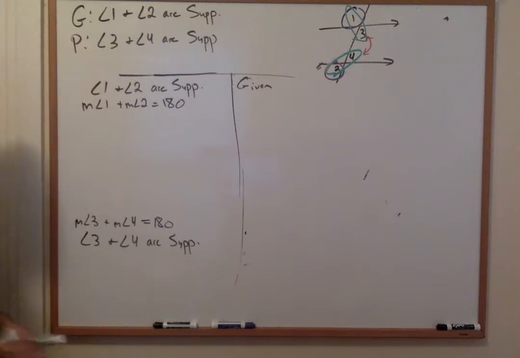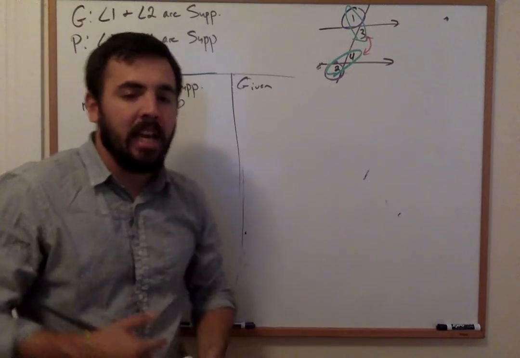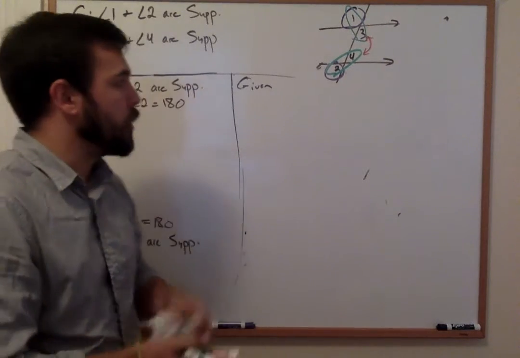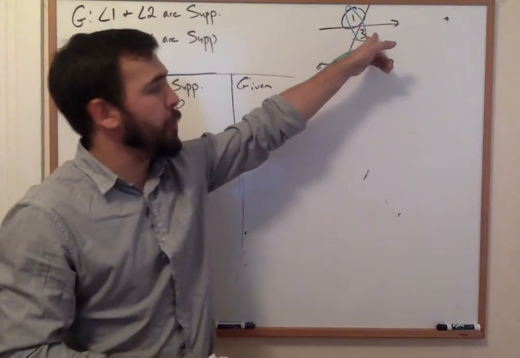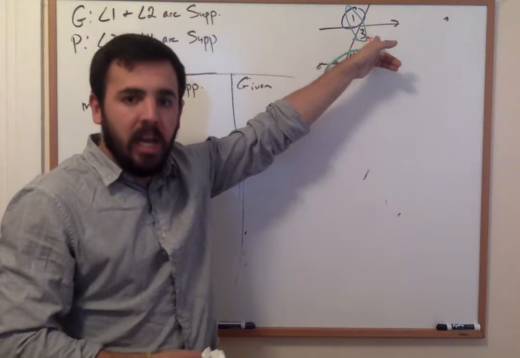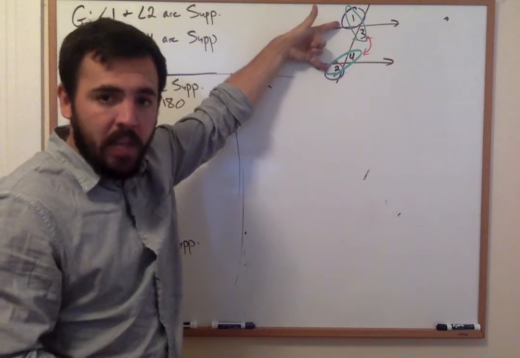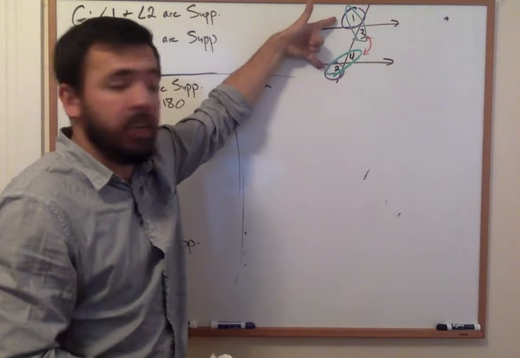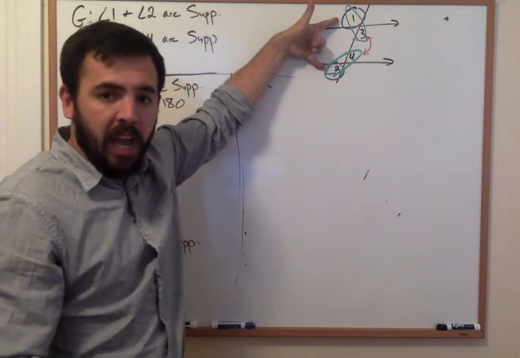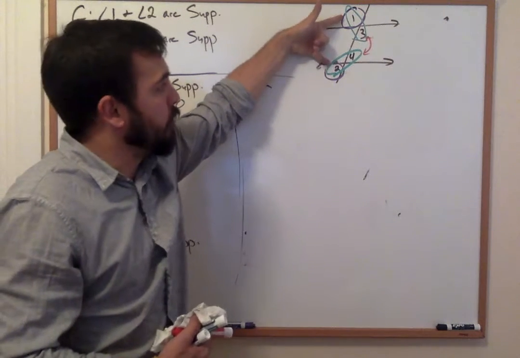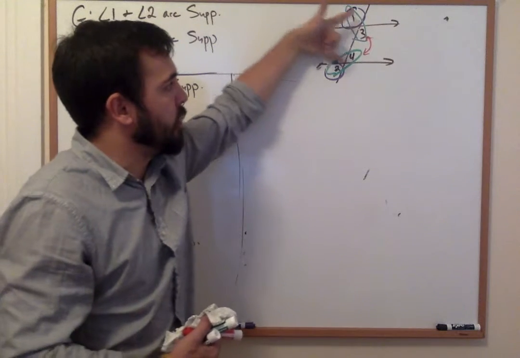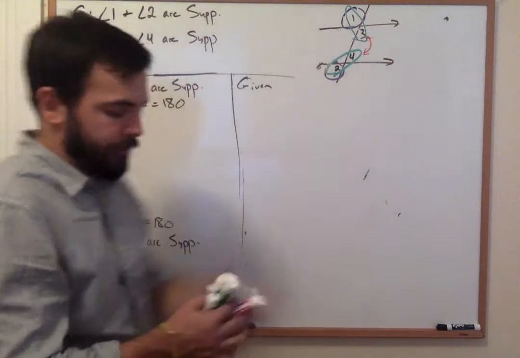Okay? So again, in order to show that 4 and 3 are supplementary, I have to replace 1 and 2 with 4 and 3. And we can do that because they're vertical angles, therefore they will be congruent.